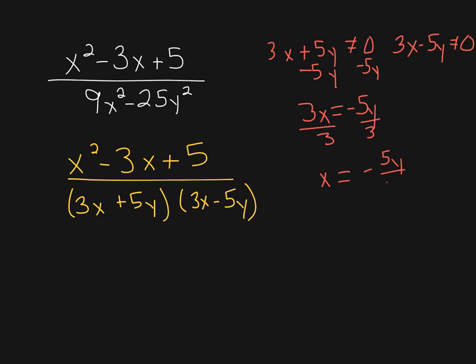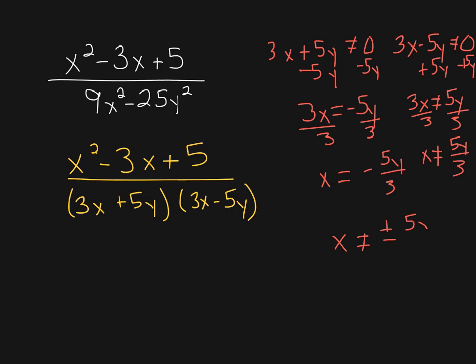So negative 5y over 3. Over here we add 5y. So 3x does not equal 5y. Divide by 3. So in that one we get x does not equal 5y over 3. So x does not equal plus or minus 5y over 3.